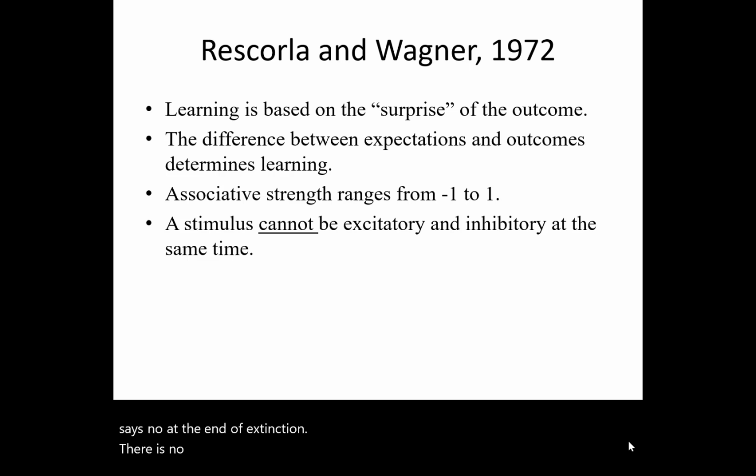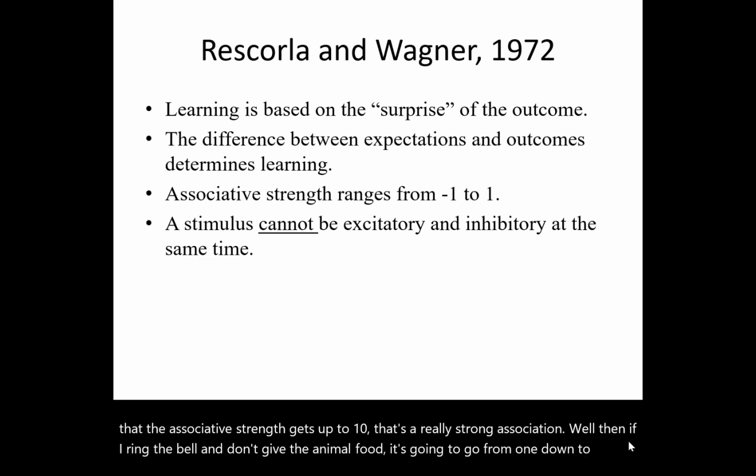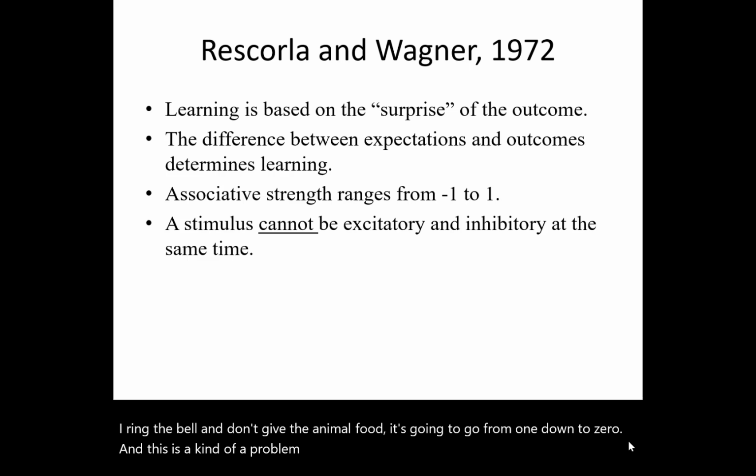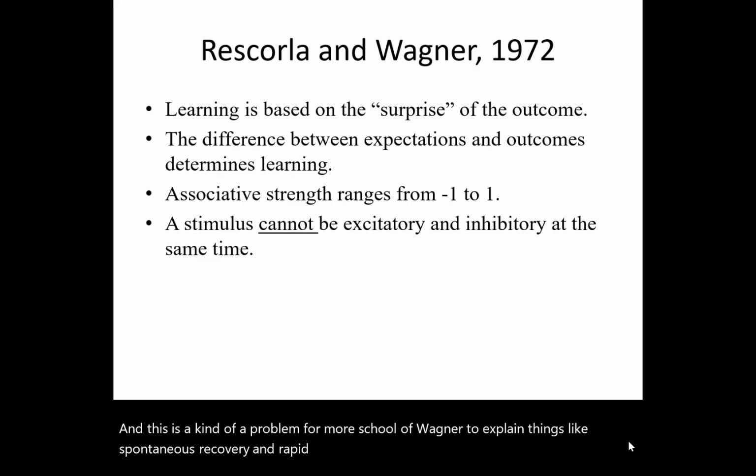So if you ring a bell and give a dog food so much that the associative strength gets up to 1, that's a really strong association. Well, then, if I ring the bell and don't give the animal food, it's going to go from 1 down to 0. And this is a kind of a problem for Rescorla and Wagner to explain things like spontaneous recovery and rapid reacquisition. But they've found ways to do it.